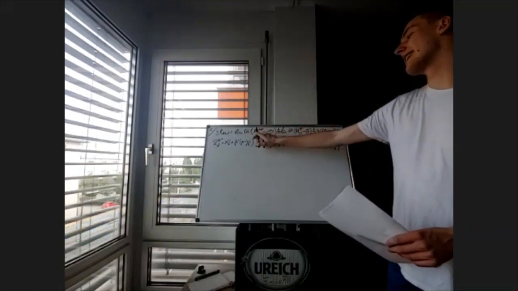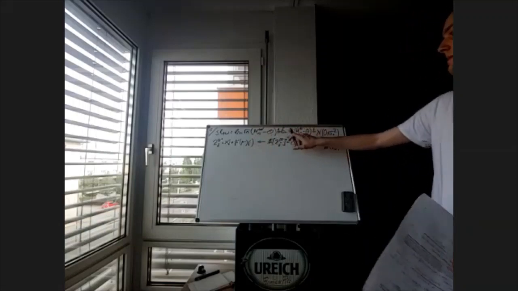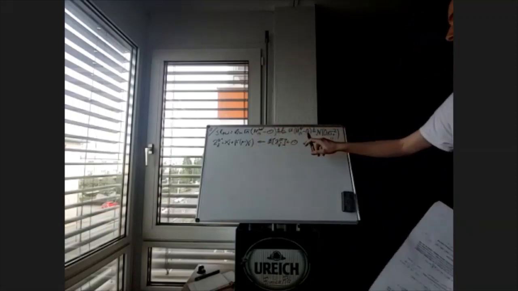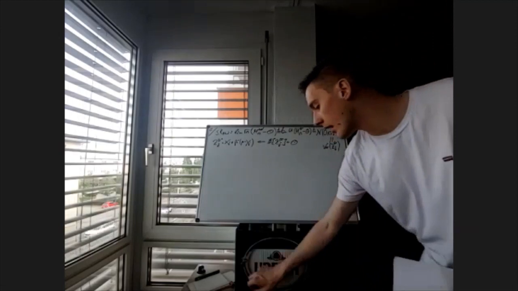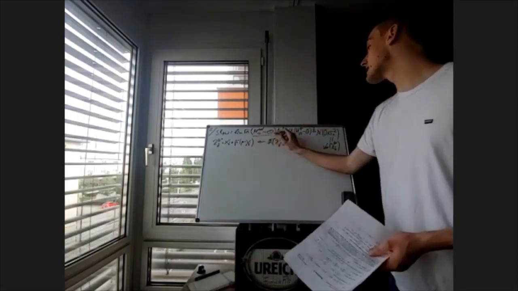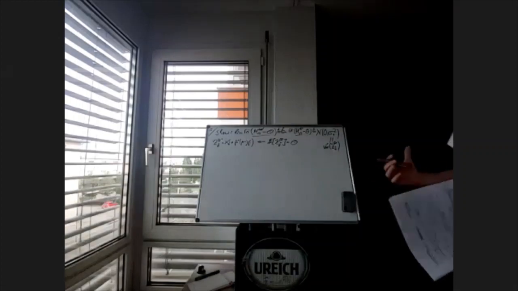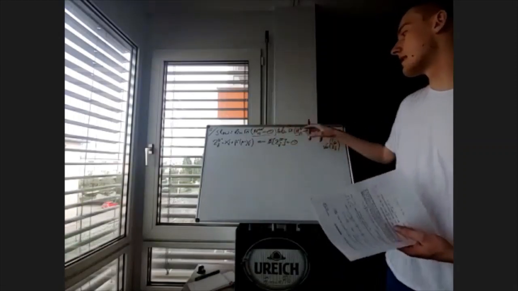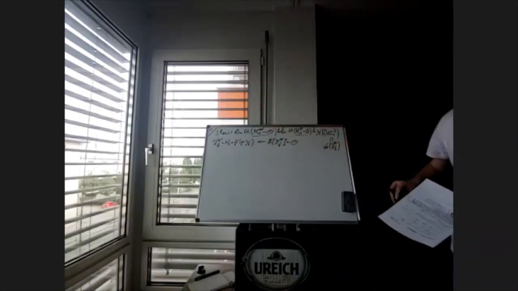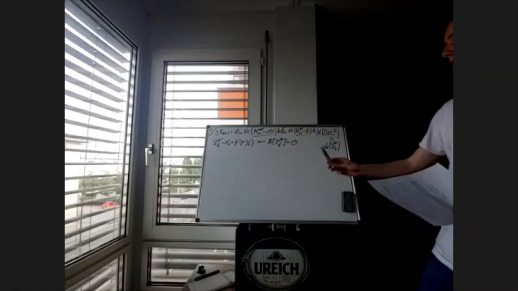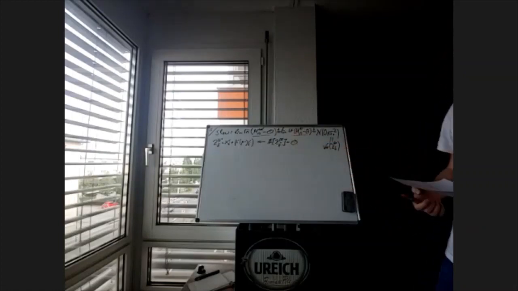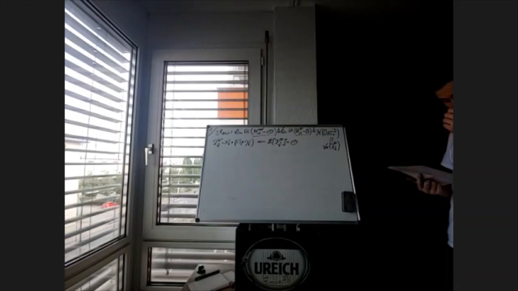This may be true, I think it is true that this and this are equal in law, but this doesn't mean that the whole expression is equal in law, because this is diverging. Okay.